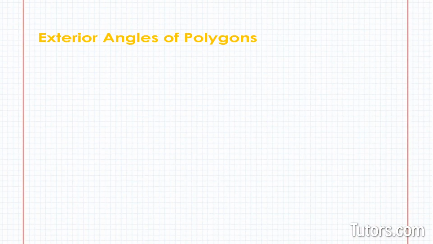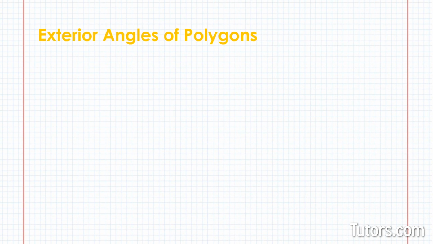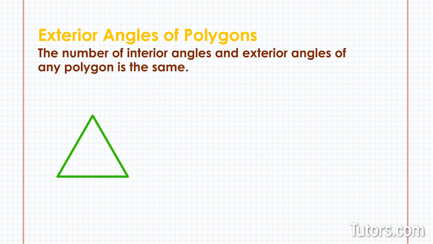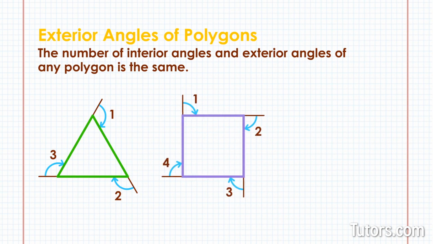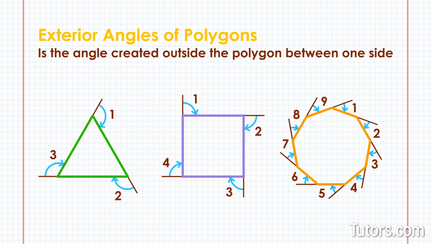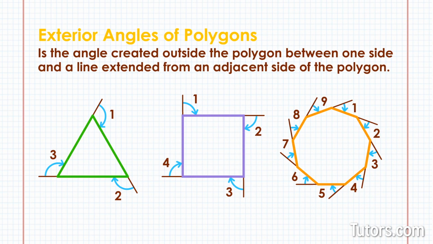Now let's take a look at the exterior angles of polygons. The number of interior angles and exterior angles of any polygon is the same. A triangle has 3 exterior angles, a square has 4, our nonagon has 9. An exterior angle is the angle created outside the polygon between one side and a line extended from an adjacent side of the polygon.